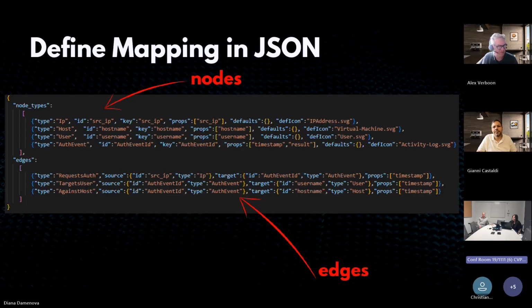So talking about JSON, the JSON, as I've mentioned, is pretty simple. And this is the only thing you actually need to create instead of KQL code. You define the set of node types and the edges, and the node types have some basic parameters like type and ID, in most cases the same. The key column, which is the base of the node, and the properties of the node, like Diana mentioned earlier.